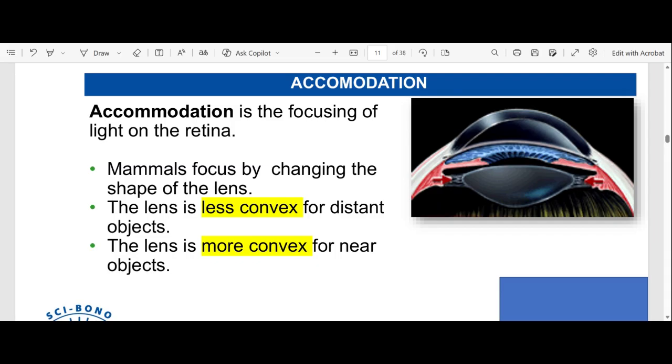So the lens is able to alter its shape regarding how far the image is, so that you can see that image clearly.